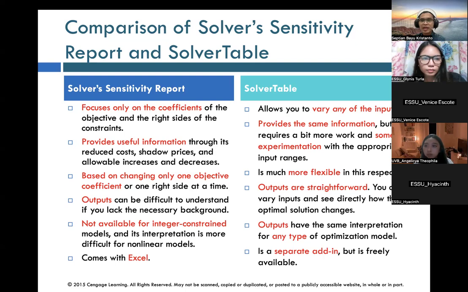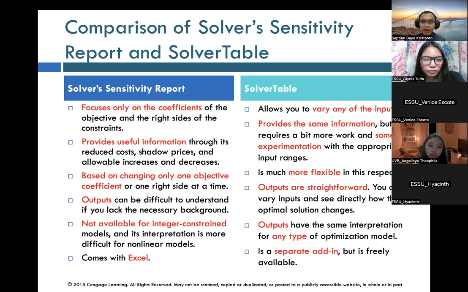You can use any kind of outputs that you access using the background of statistical models provided by Microsoft Excel. In other ways, we have a solver table that can analyze any kind of variable modes.